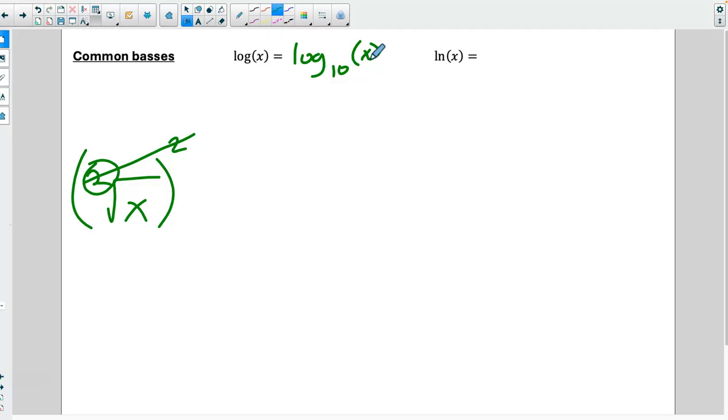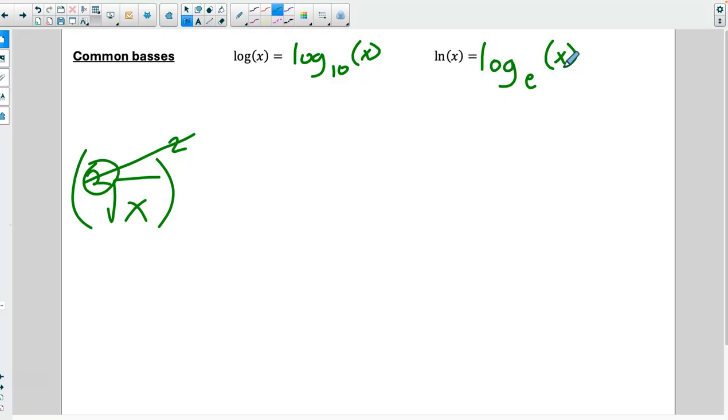ln, not "in", ln is log base e. Now I told you before, we use e a lot, and because we use it a lot, we actually just give it its own button. There's a lot of things that happen with e.